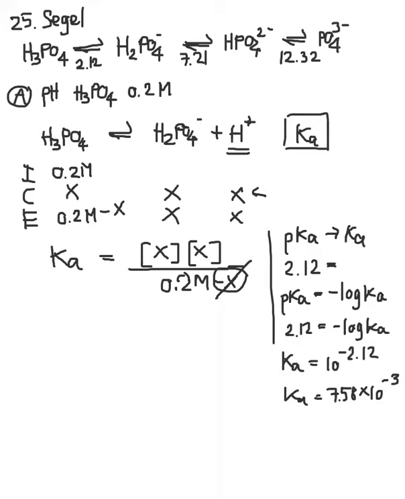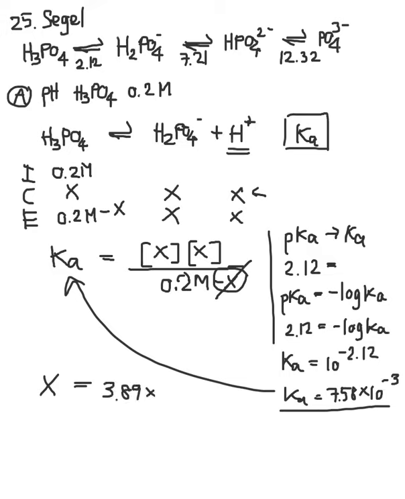When you have the Ka value, you can plug it into this equation and solve for x, which equals 3.89 times 10 to the negative 2. This x value also equals the concentration of the proton and the concentration of H2PO4 minus.